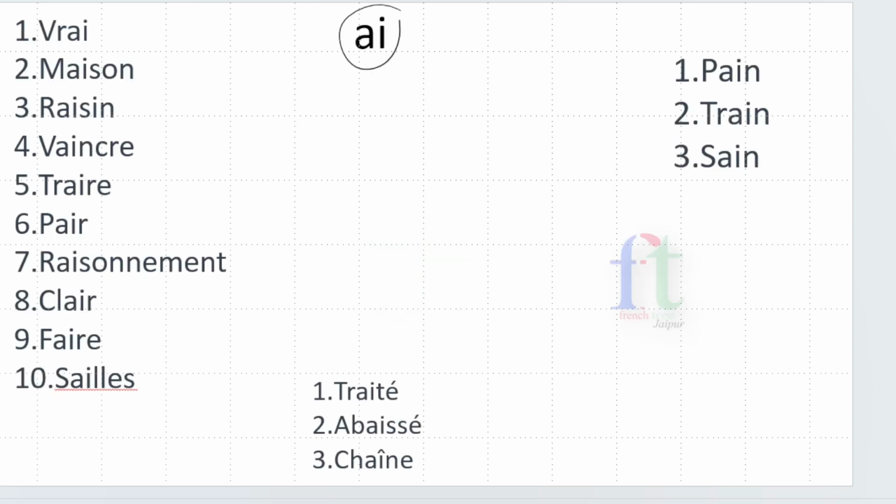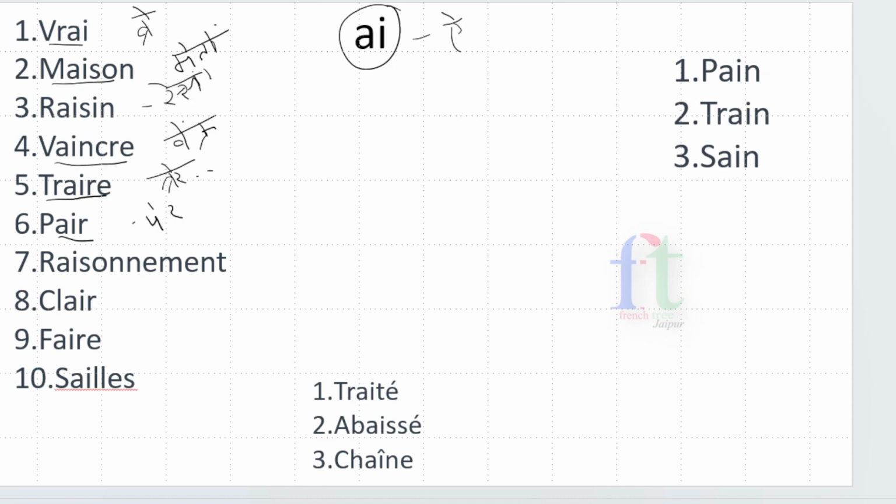So AI, as I told you, is A. So vrai, maison, raisin, vaincre, trait, pair, raisonnement.